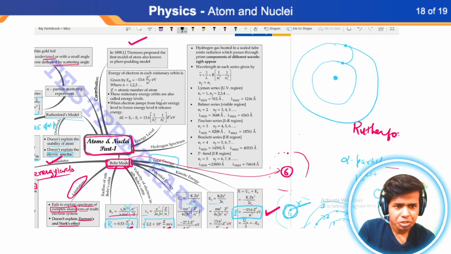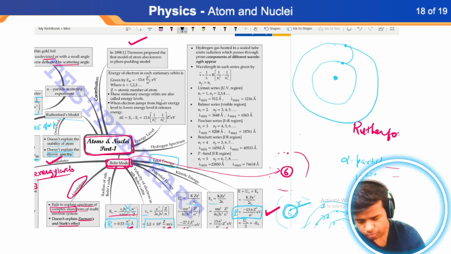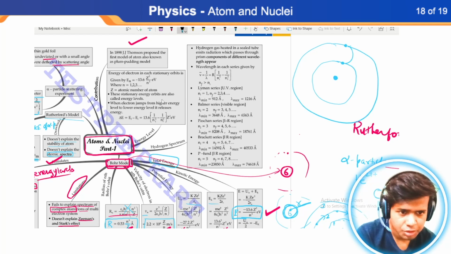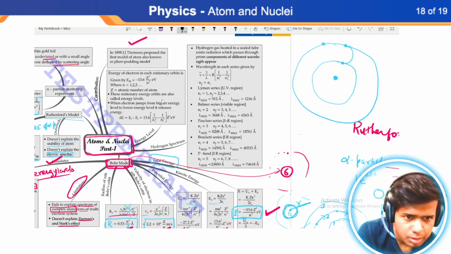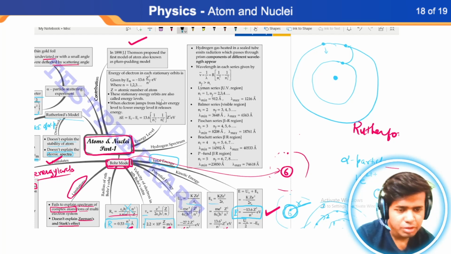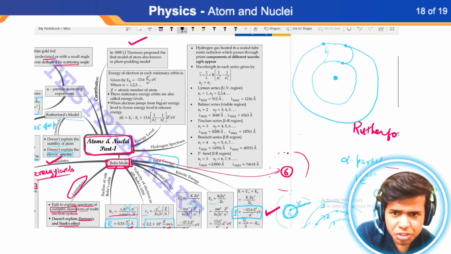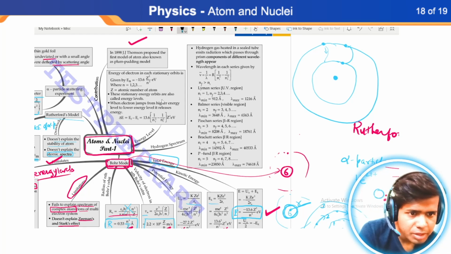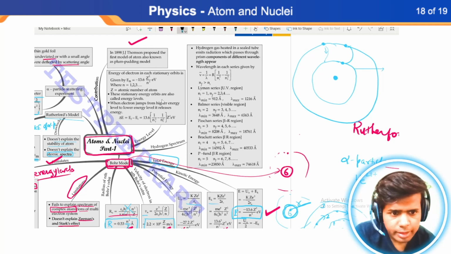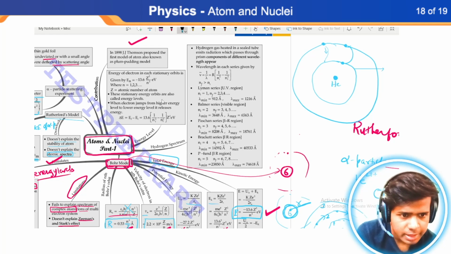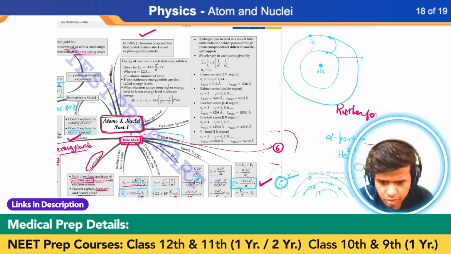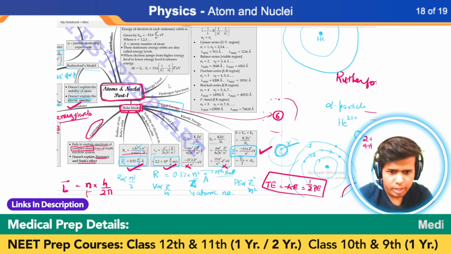Now, due to the attraction to the nucleus, it will come back to its original form. But while coming back, don't you think it is losing some energy? Why? Because, let's call it a hydrogen atom, the energy on the first shell is Z square by n square, right?